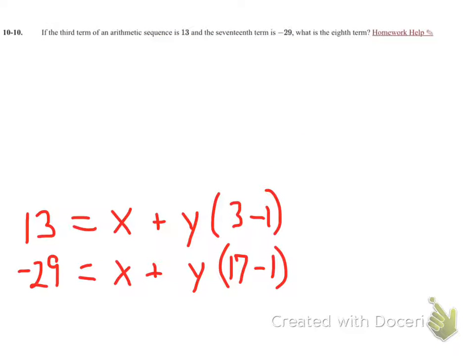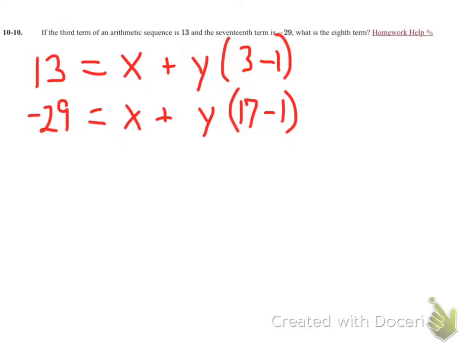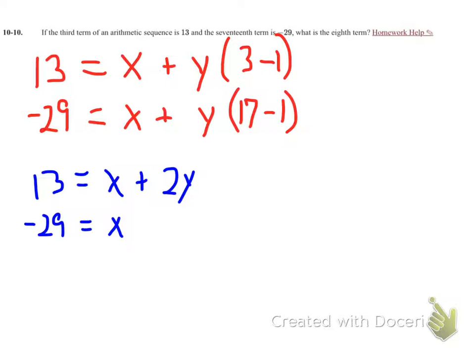So I'm going to simplify the parentheses. So I then get 13 equals x plus 2y, and simplify the parentheses here, and I get negative 29 equals x plus 16y. I'm going to solve this by elimination. Multiply the bottom one here by a negative 1.